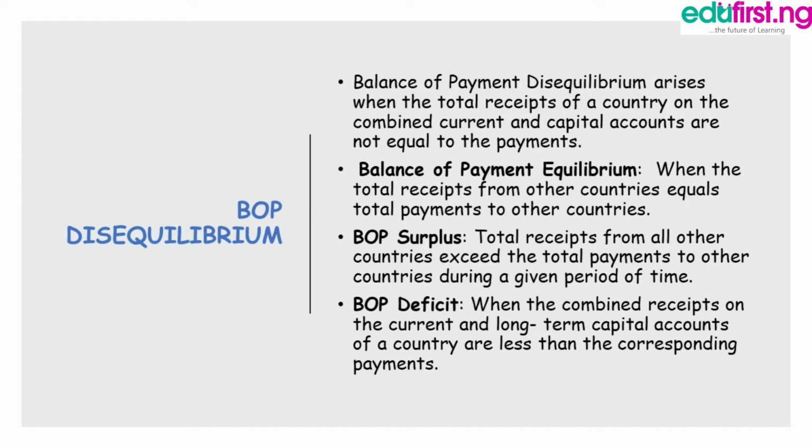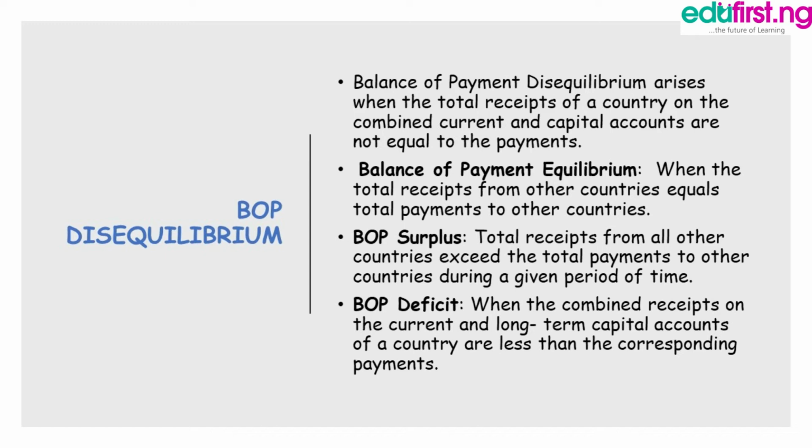When we say surplus, we mean total receipt, the one you have is more than what you are giving out. Total receipts from other countries exceed the total payment to other countries at a given period of time. Now, if it is deficit, it's when the combined receipts on the current and long-term capital account of a country are less than the corresponding payment. I want you to look at all these terminologies very well and make sure you don't mix them up.